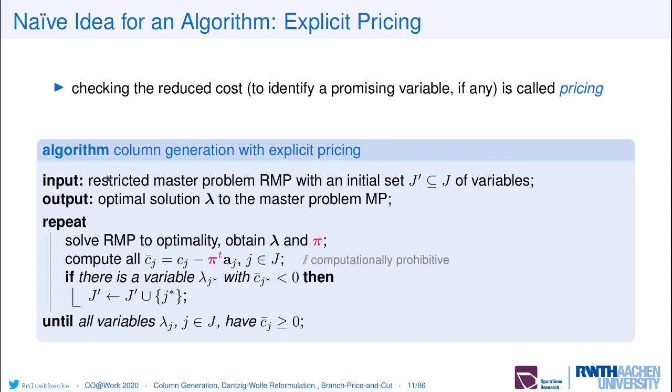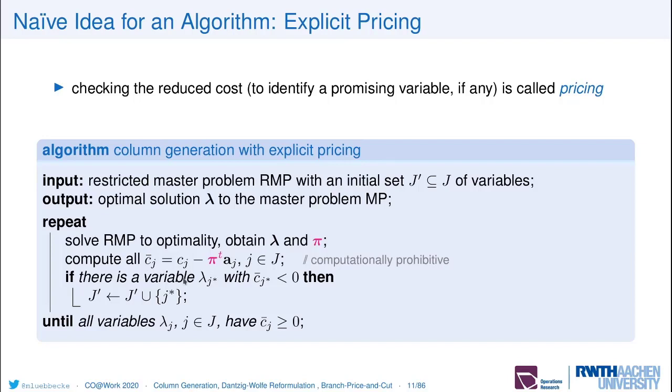What I can do is, well, I get the restricted master problem, the linear program with a small subset of the variables only. And what I do is here in this loop, I solve that restricted version to optimality. We assume that works. I get the primal and the dual solution. Then for all the variables I have ignored so far, I just compute the reduced cost. I can, because I know their cost, I know the coefficient columns, I have the dual solution here.